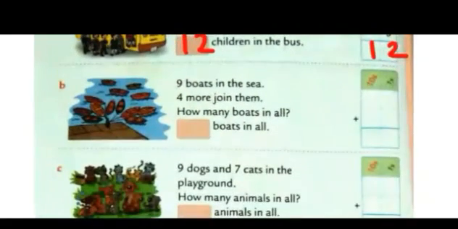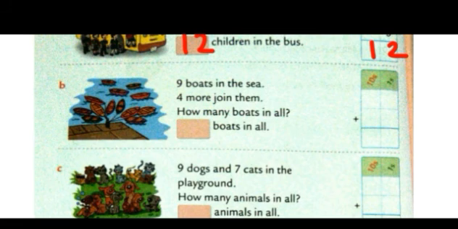Moving on to the next one. 9 boats in the sea. 4 more join them. How many boats in all? Again, which is the bigger number? 9. And how much do we need to move forward? 4. Starting from 9, we will move forward 4: 10, 11, 12, 13.